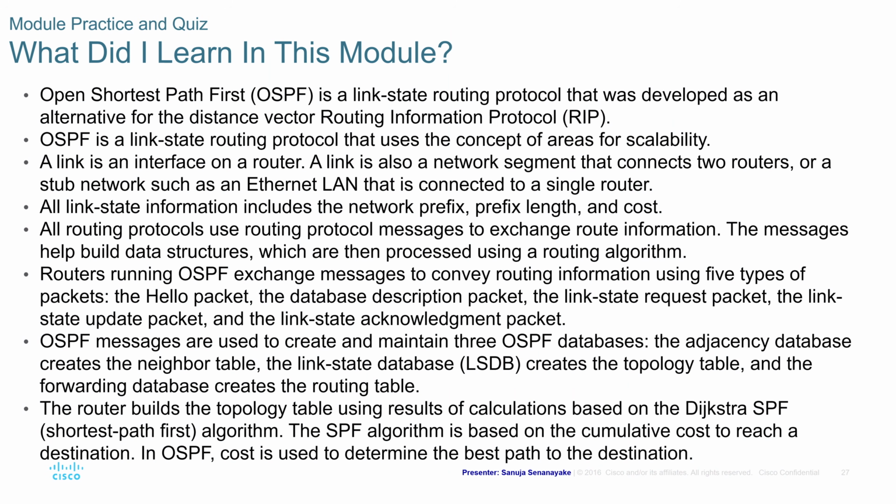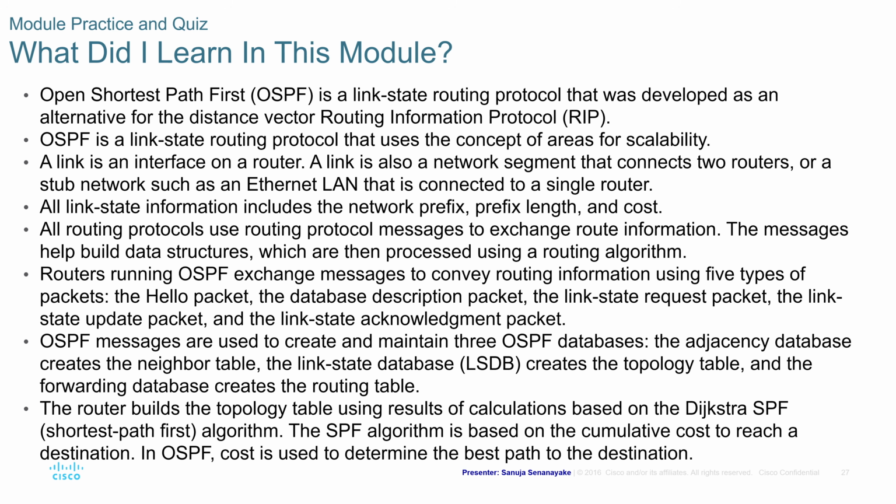We learned that Open Shortest Path First, also known as OSPF, is a link state routing protocol that was developed as an alternative for the distance vector Routing Information Protocol, also known as RIP. OSPF uses the concept of areas for scalability.